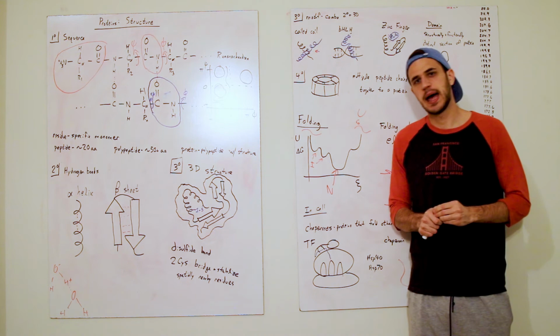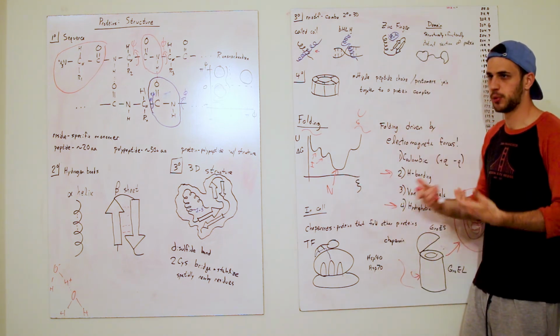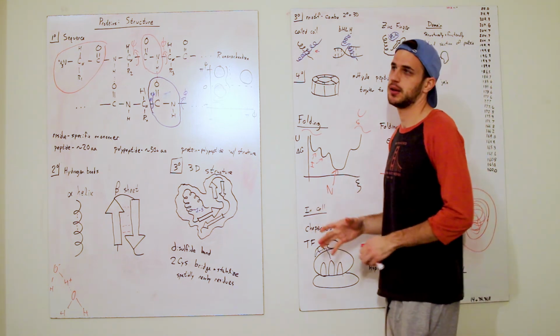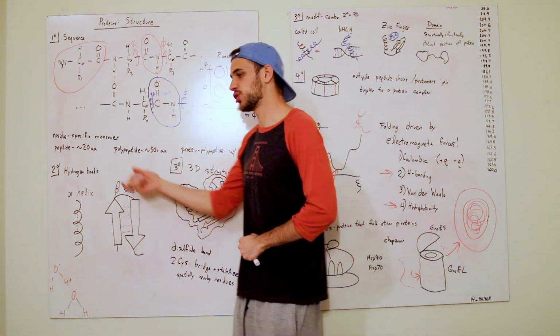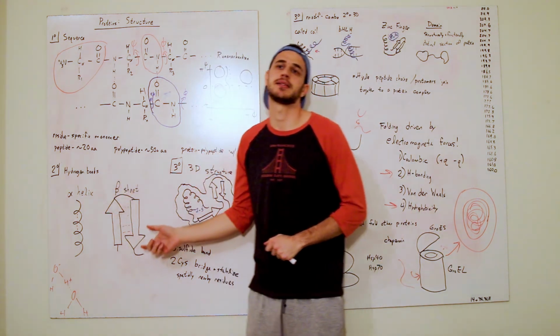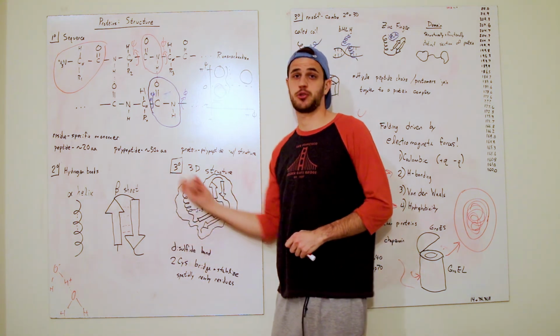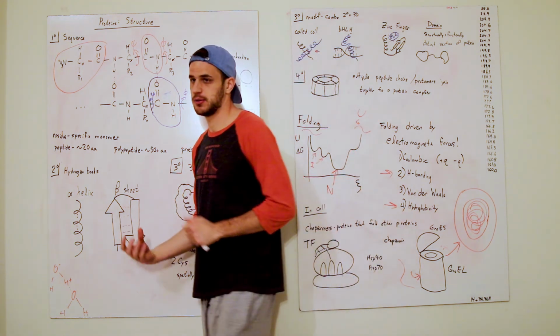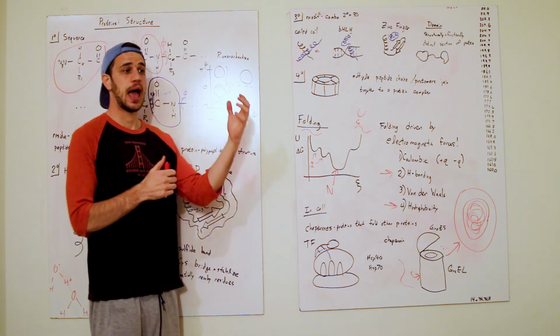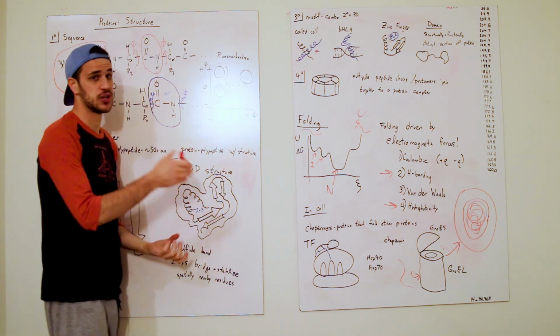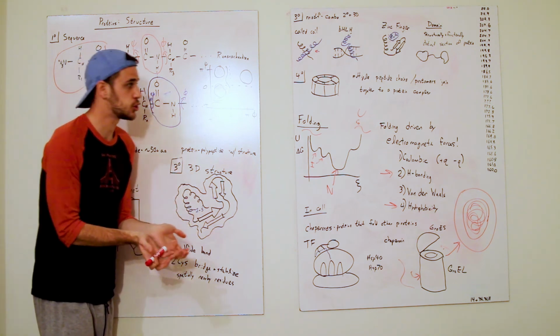So, that is the general overview of protein structure. So, protein has a primary structure, the sequence, a secondary structure, which is just the network of hydrogen bonds that give rise to a 3D structure. And this 3D structure has different little motifs of how these secondary structures interact with each other in a 3D location.